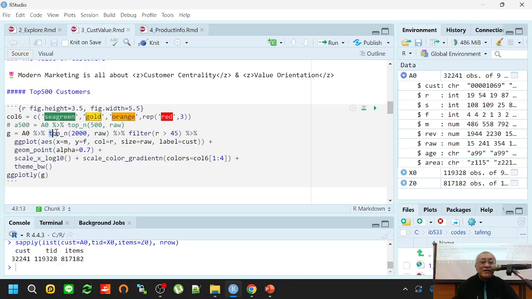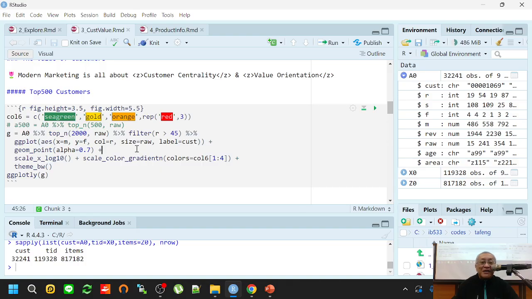So if I use A0 and top n 2000, it means I want to filter out the 2000 customers who contribute the largest raw profit to our company.